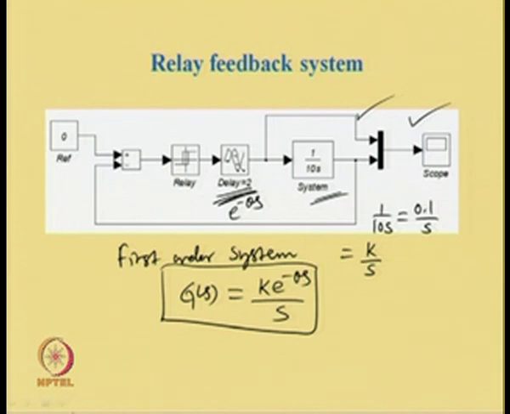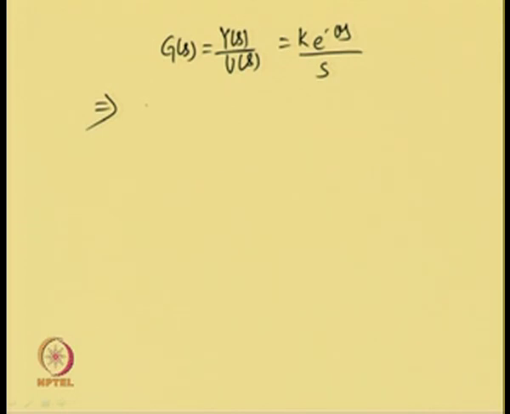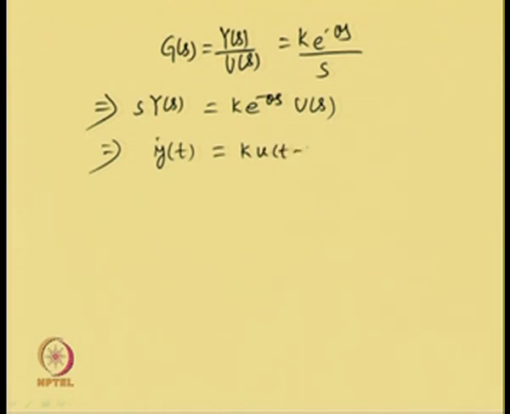Now, the system itself is described by the transfer function G(s) = Y(s)/U(s) = k e^(-θs)/s, which, using cross multiplication, I get sY(s) = k e^(-θs) U(s), giving us ẏ(t) = k u(t - θ).